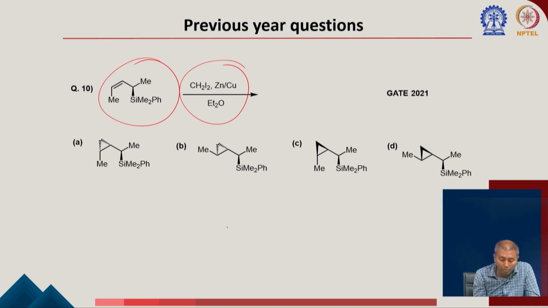What we are trying to draw here is an olefin, and to avoid allylic strain, you always want the hydrogen to be eclipsing the olefin, not the bigger group. So you want to put the hydrogen here so that it can eclipse with the olefin, and you want to put the larger group up here. That means the silicon is already up here. So you can show the stereochemistry, and you have a methyl here.